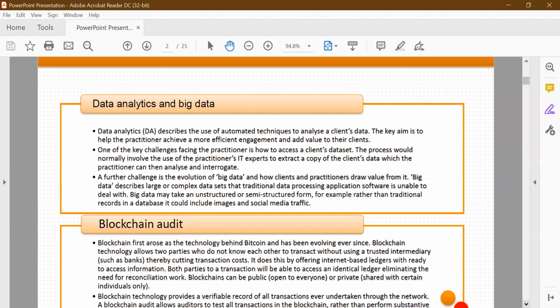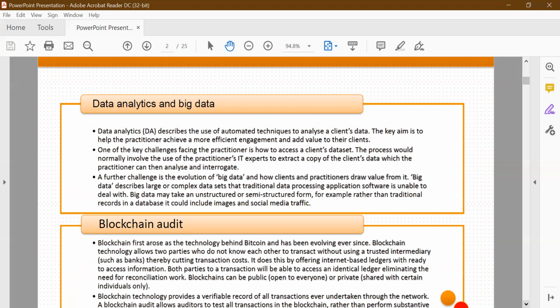Let's look at data analytics and big data. So when we say data analytics, in the auditing context, it's basically using automated techniques to analyze clients' data, right? So using very sophisticated techniques to analyze the client's data.